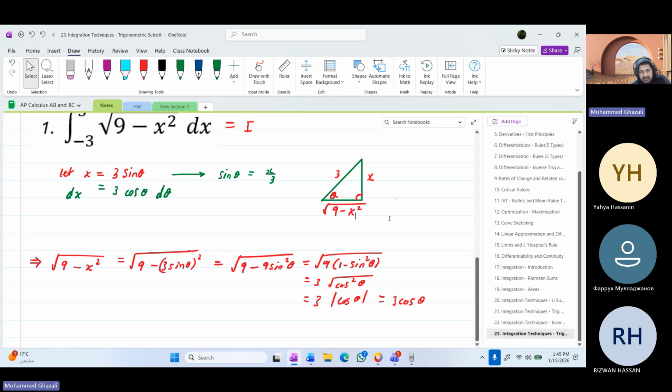Now let's simplify the integral. So the integral is now equal to the integral of, what is the square root of 9 minus x squared? It is 3 cos theta. What is dx? Dx is also 3 cos theta d theta.